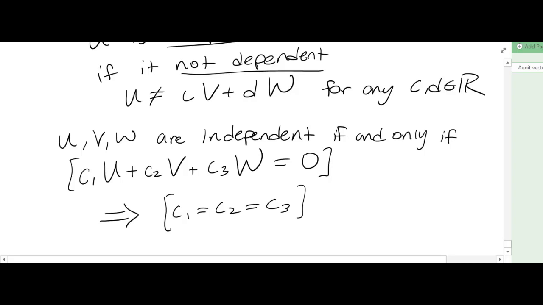So U, V, and W are independent if and only if this implies that. And that's usually a good way. It amounts to solving a system of equations to prove that 3 vectors are independent, because you're just solving for c1, c2, and c3. Oh, sorry, that should have been equal to 0, right?